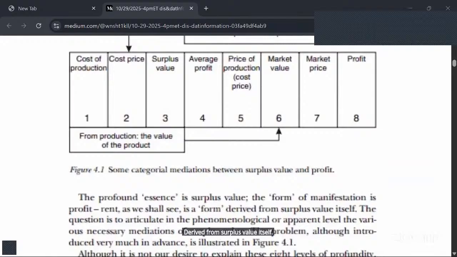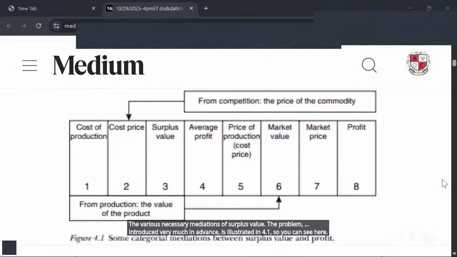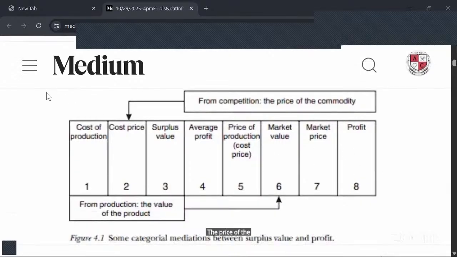The question is to articulate in the phenomenological or apparent level the various necessary mediations of surplus value. The problem, although introduced very much in advance, is illustrated in 4.1. So you can see here the price of the number one, the categorical mediation one, is cost of production.